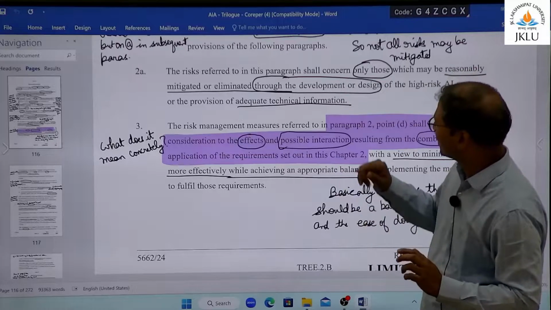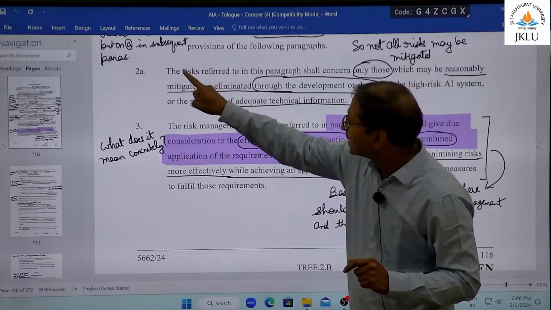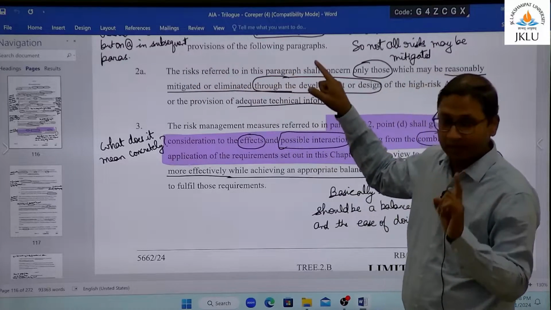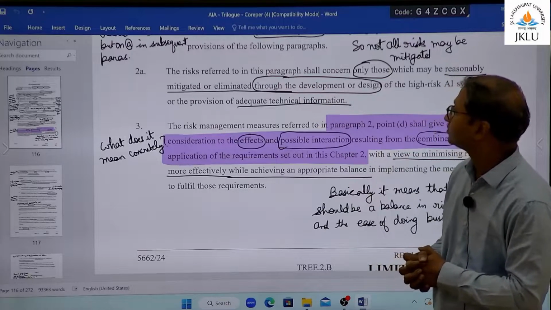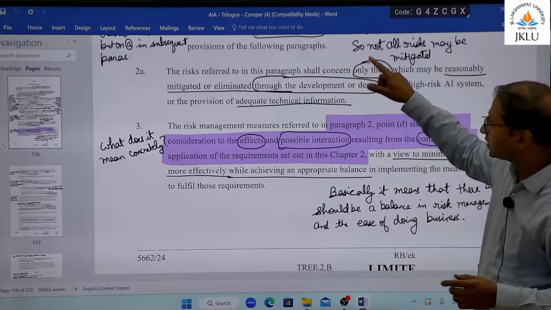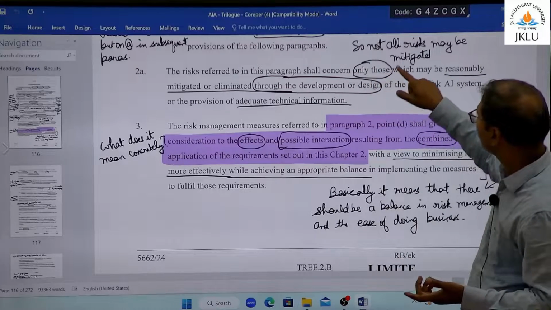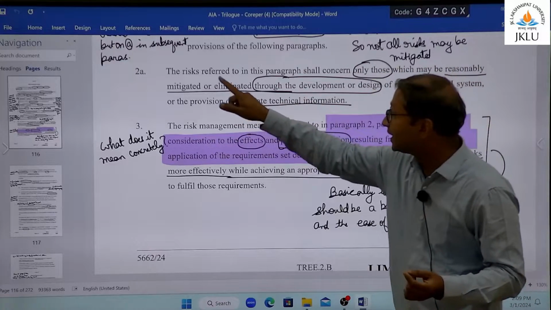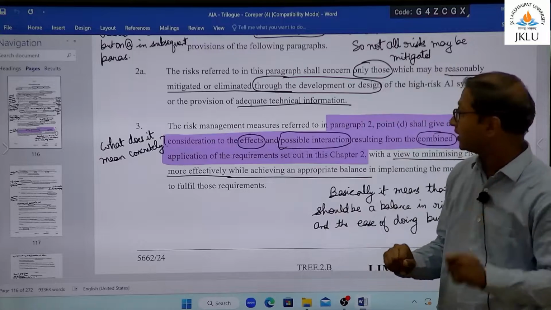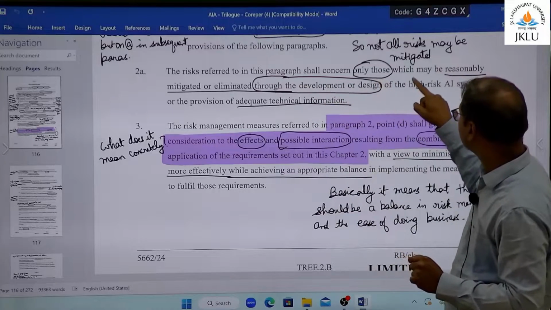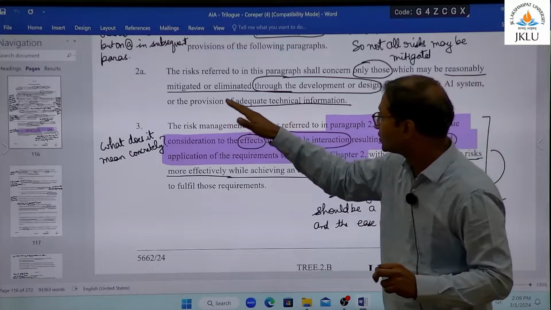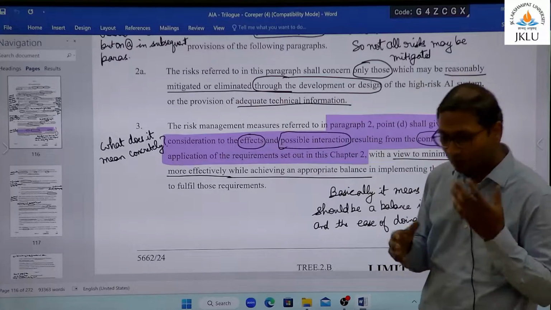Anyway, so let's continue. The risks referred to in this paragraph, which paragraph? Shall concern only those which may be reasonably mitigated or eliminated through the development or design of high risk AI system or the provision of adequate technical information. What might this mean?